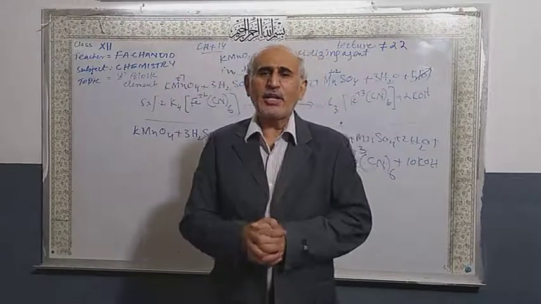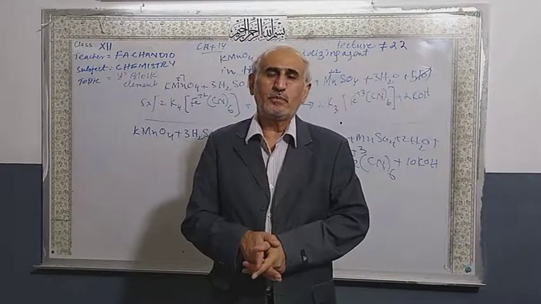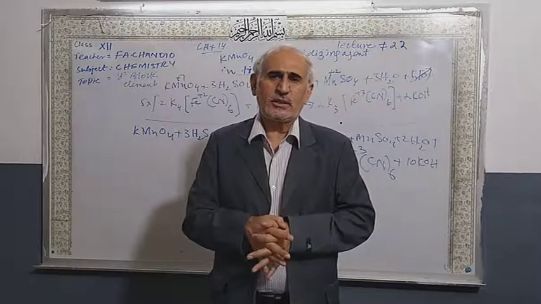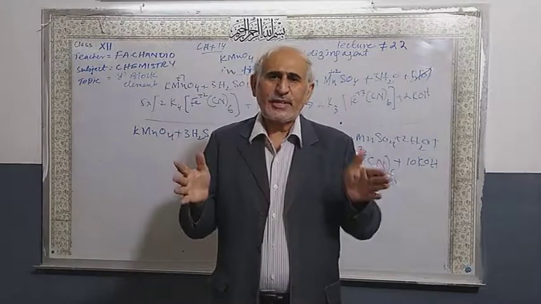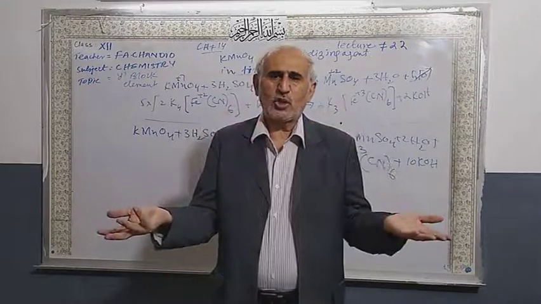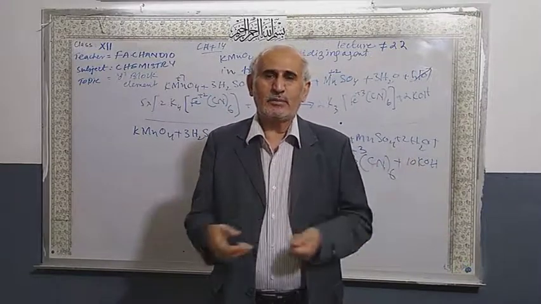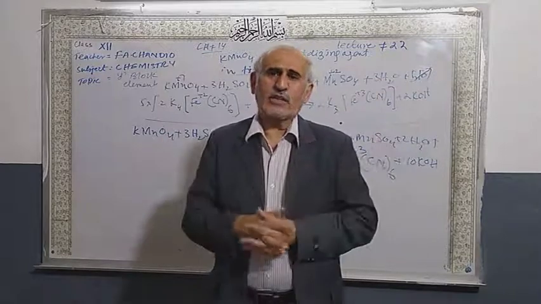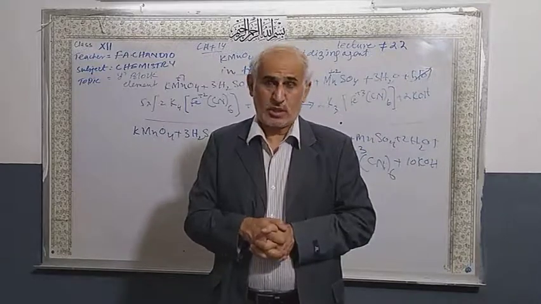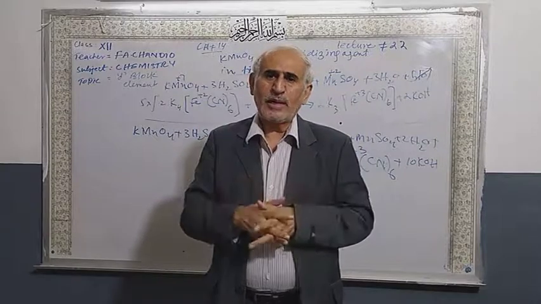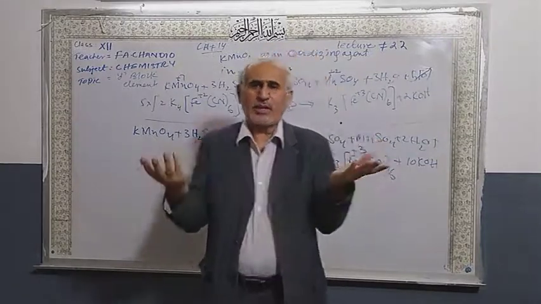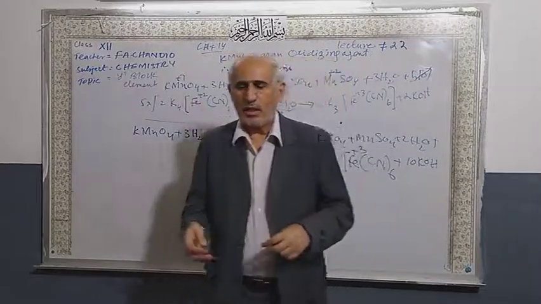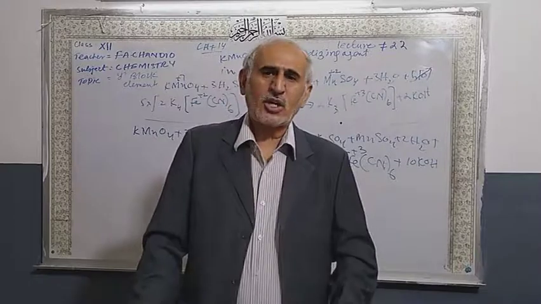Potassium permanganate is not a primary standard. Potassium dichromate is a primary standard. Primary standard means that when you make the solution, it is stable. It is not going to be oxidized, and light is not going to affect those solutions. But if you put potassium permanganate in a transparent bottle in the laboratory, light is going to affect it and change the oxidation number.